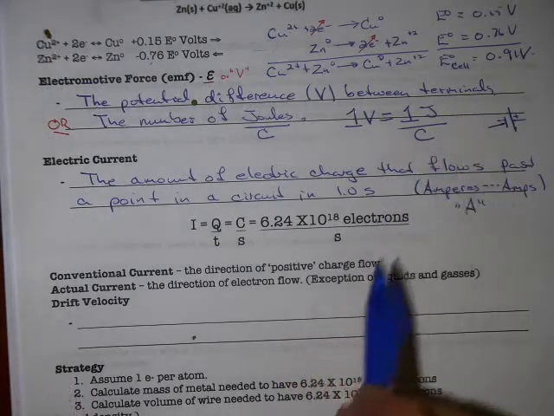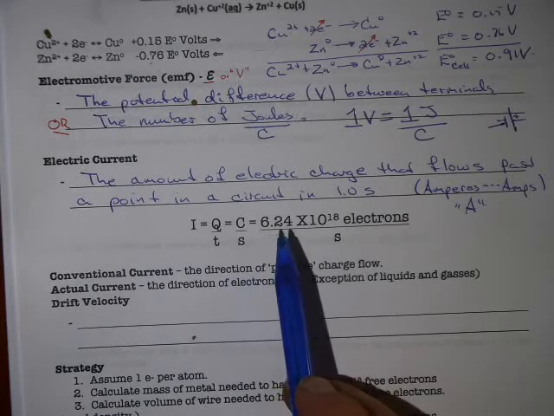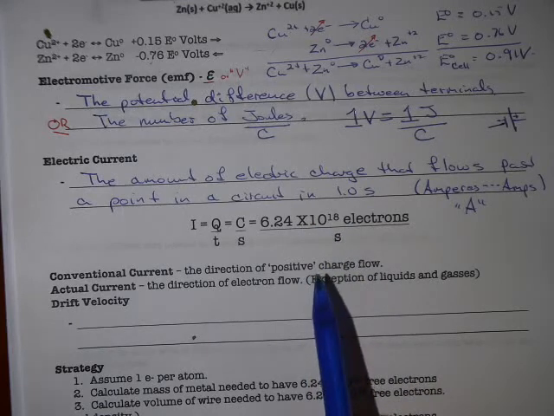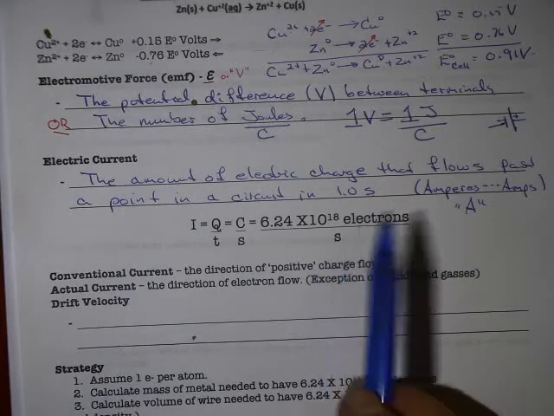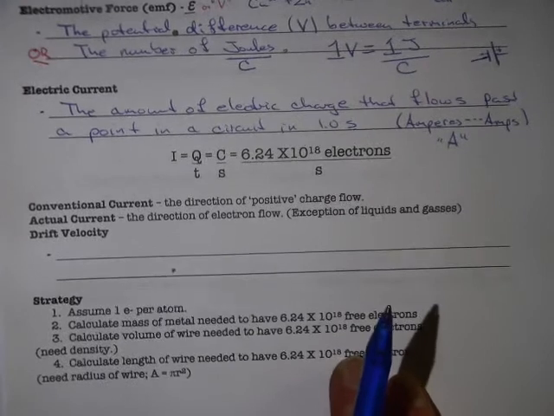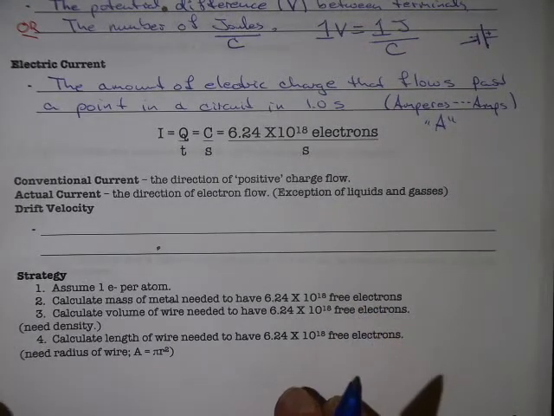So 1 amp is equal to 6.2 times 10 to the 18 electrons per second. Okay? Conventional current and actual current are actually two different things. One of them is a crutch, the other one is reality.